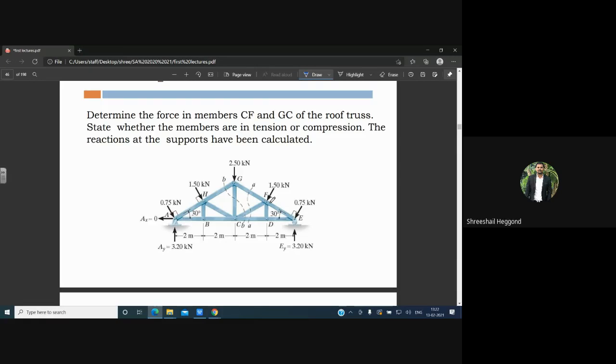State whether the members are in tension or compression. Reactions at supports have been calculated as 3.2 kilonewton, which is given in the figure. Note it on the figure first.